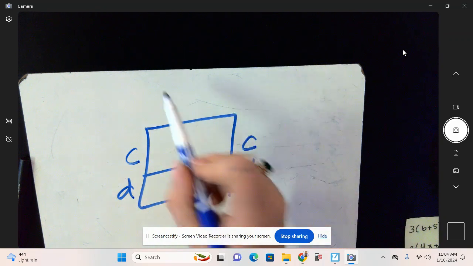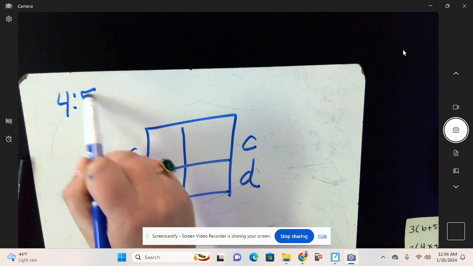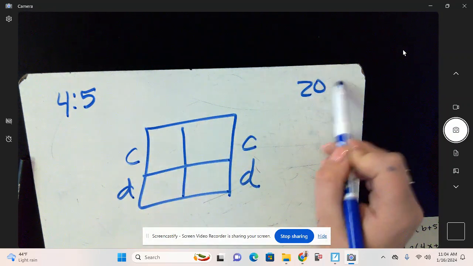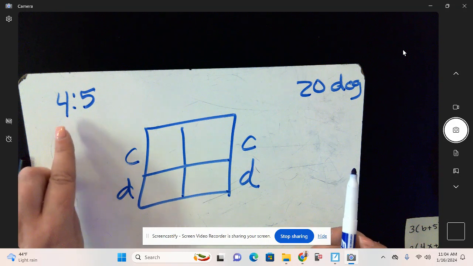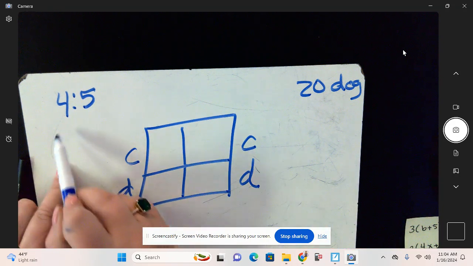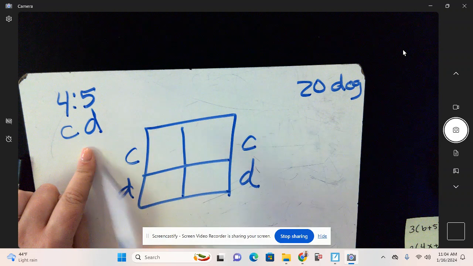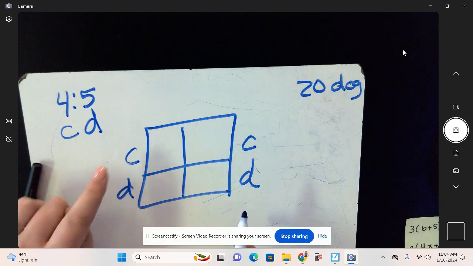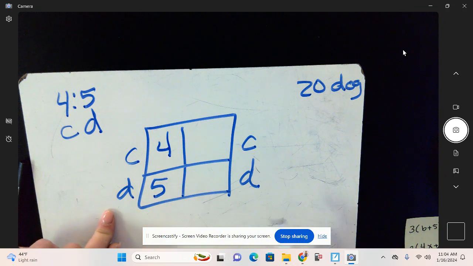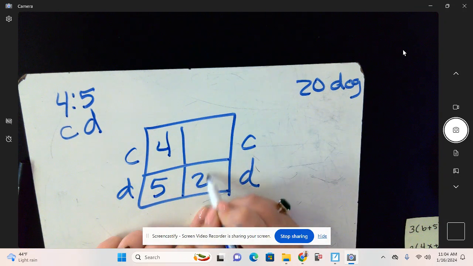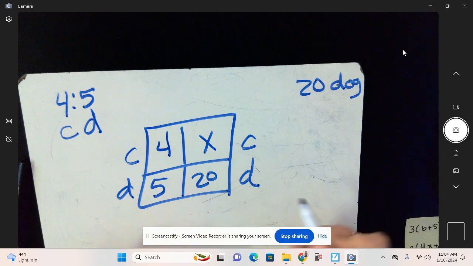And my original ratio was 4 to 5, and I have 20 dogs. Okay? My 4 represents my cats, and my 5 represents my dogs because that's what came first in the sentence. So I have 4 cats, 5 dogs, and I have 20 dogs, and I'm trying to find how many cats.